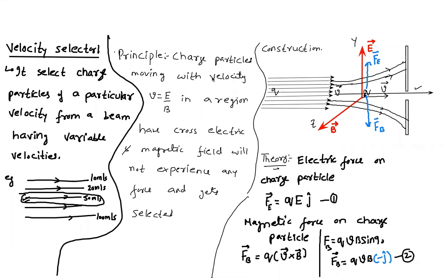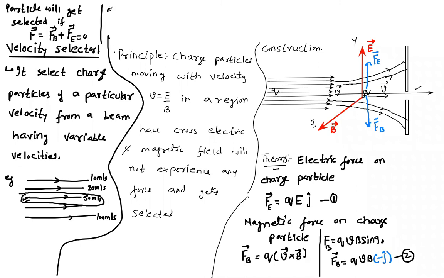So now I'm writing here: the particle will get selected if the net force, which is the sum of magnetic force as well as electric force, is equal to 0.